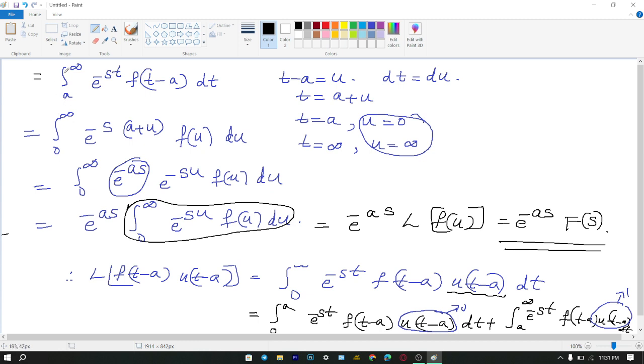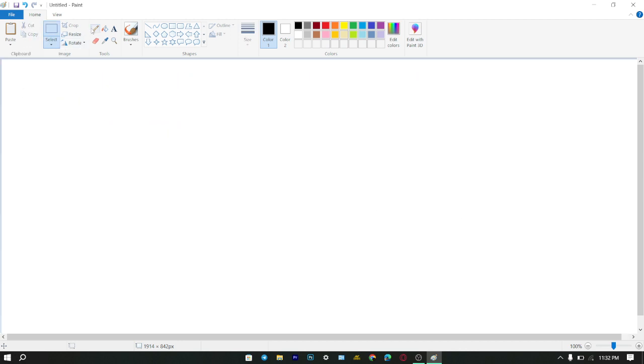Now from the second shifting theorem we can move to one corollary. The corollary says, by the second shifting theorem we have L of f of t minus a into u of t minus a is equal to e raised to minus as into f of s.